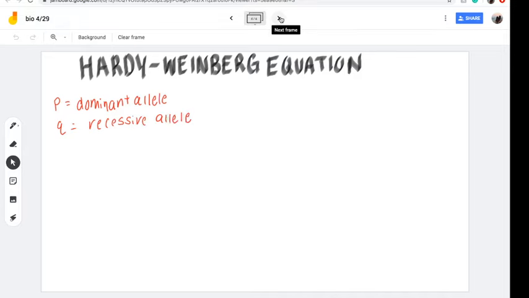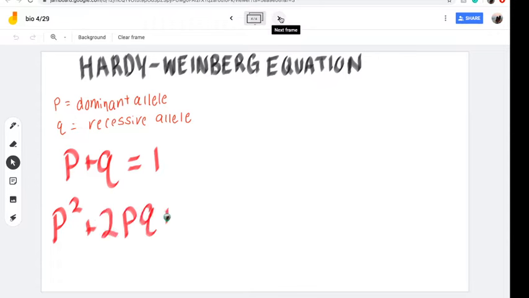The Hardy-Weinberg equation can be expressed as p + q = 1, or p² + 2pq + q² = 1. This equation right here is derived from the monohybrid cross.